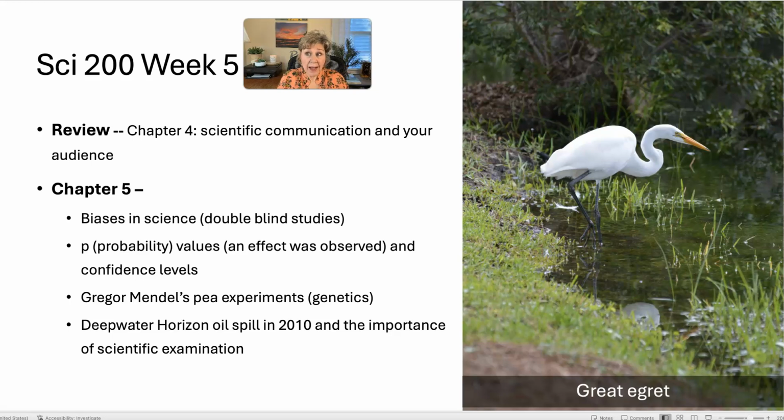So you want a high probability that the thing that is happening is really happening and not just being caused by chance. So you want p-value to be really, really low. On the other hand, confidence levels you want really, really high, because they give you confidence that the result that you're seeing is based on what you think is causing it. Okay?